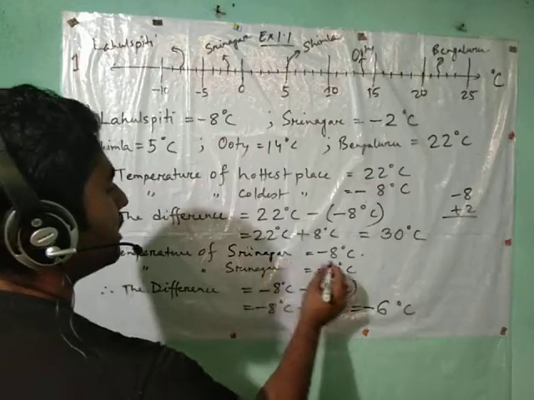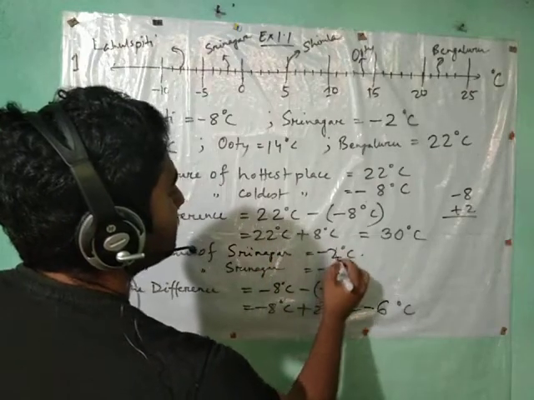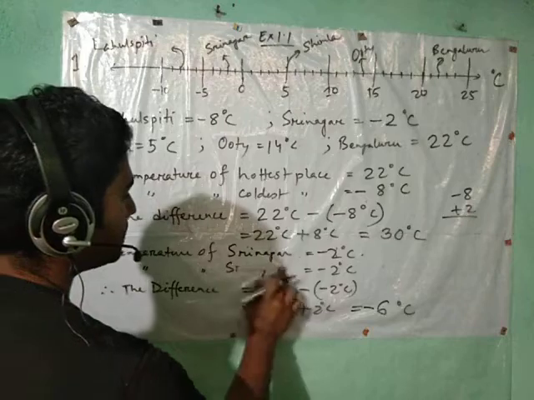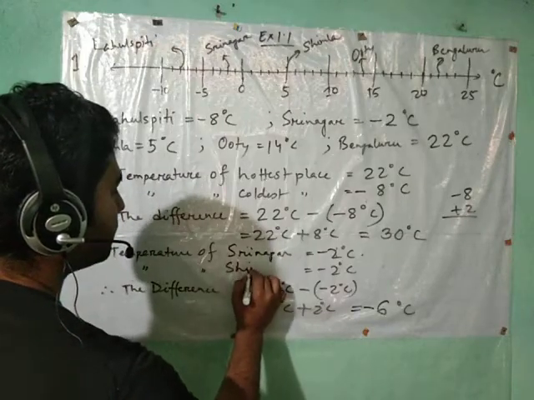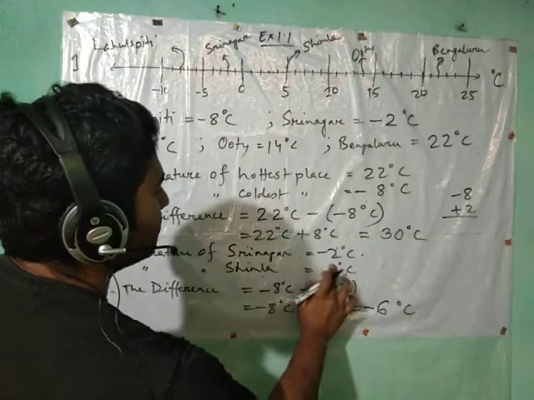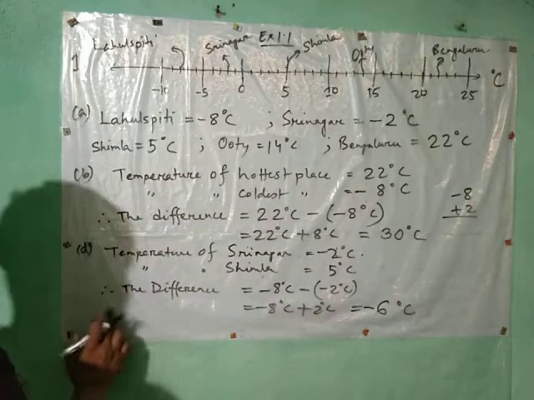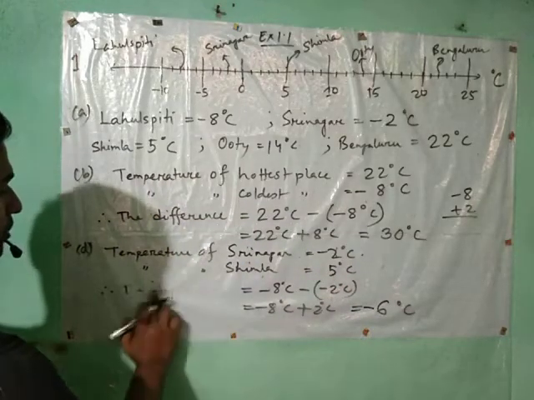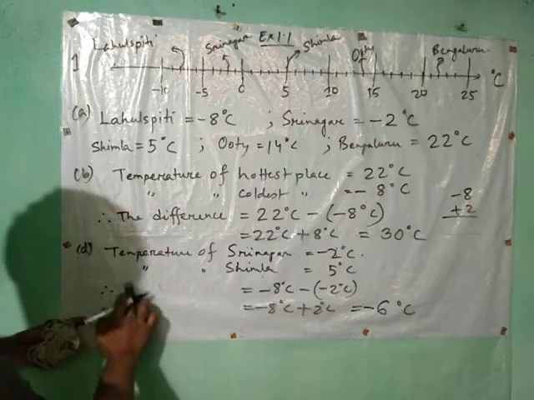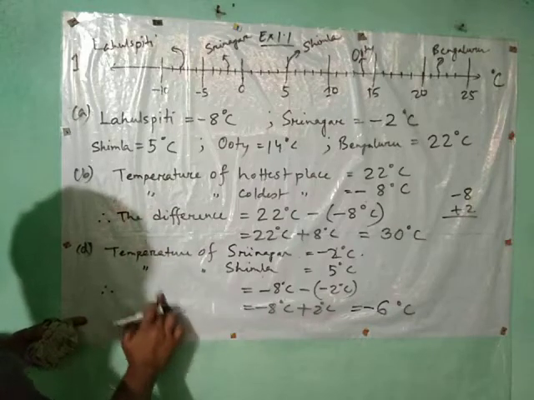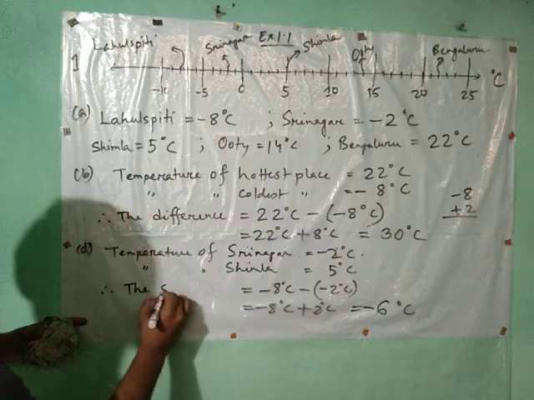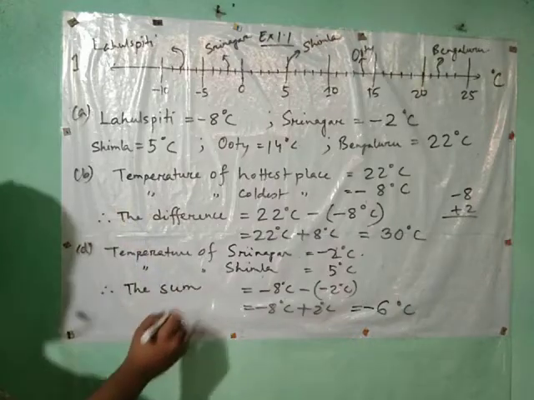Temperature of Srinagar is how much? -2 degree centigrade. And temperature of Shimla is +5 degree centigrade. Therefore, what will the sum be? Taking together means what to do? We have to add, the sum. Therefore in this case it will be the sum. Therefore the sum is what?